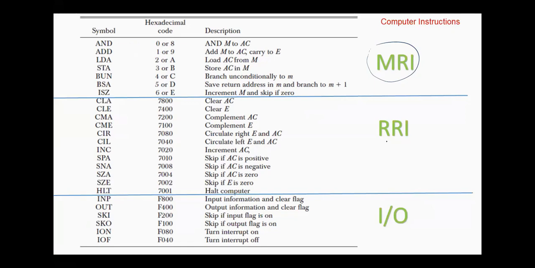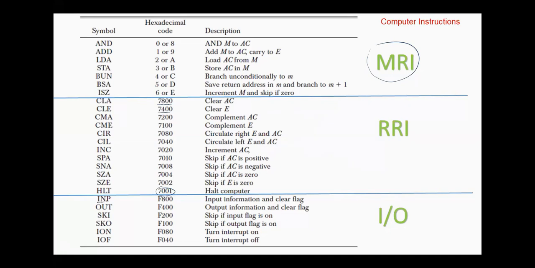And the register reference instructions: clear accumulator with the code 7800, clear E flip-flop with the code 7400, etc., and the halt instruction with the code 7001. And the input, output, and interrupt instructions as well.